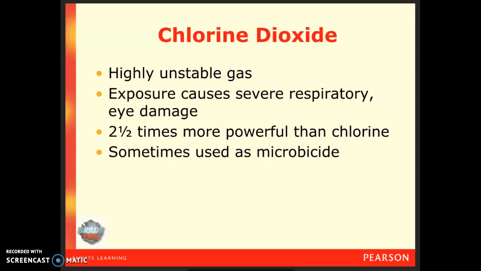Now, chlorine dioxide is another chlorine-based substance, and it is a highly unstable gas. Why is it unstable? Well, if we look at its Lewis structure, we've got chlorine in the middle, with bonds to oxygen atoms on either side, and we end up running out of electrons for the chlorine to bond up and pair up with.